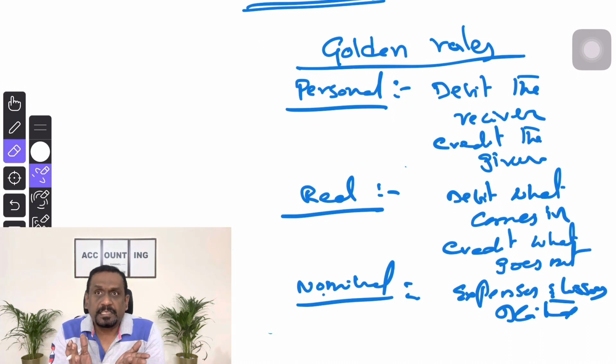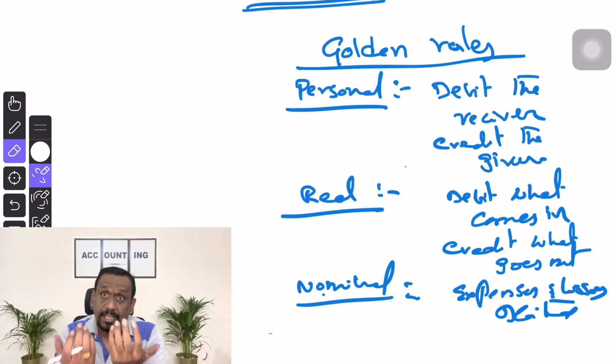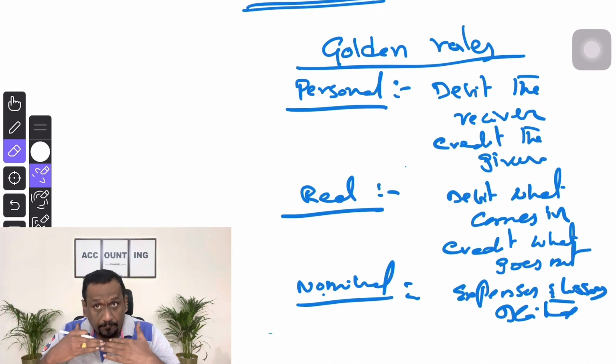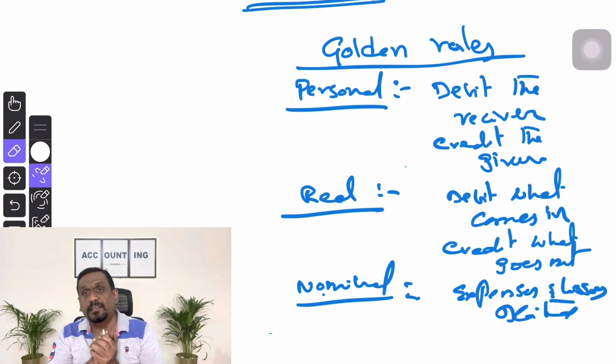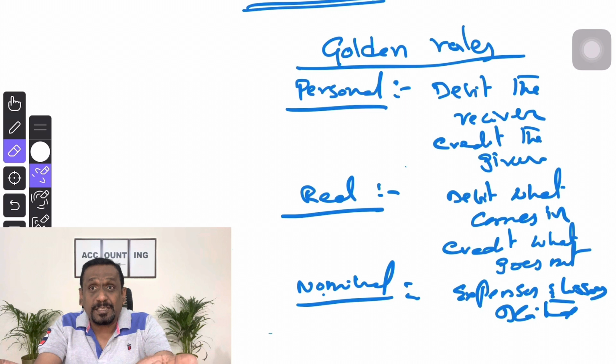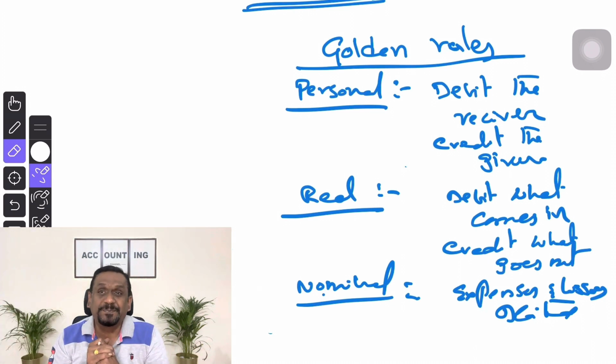So expenses are basically incurred when we receive the services. When we receive the services, we incur the expenses. Right? We are receiving services for which we are paying. Hence, expenditure is a debit. Similarly, income. Why is income credit? I am providing services because of which I am receiving the income.